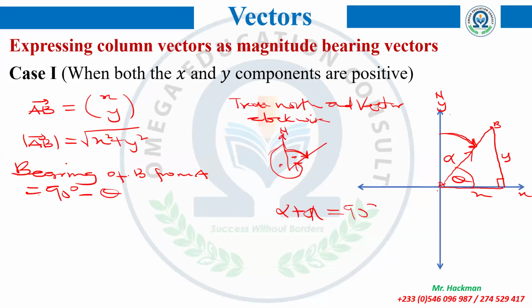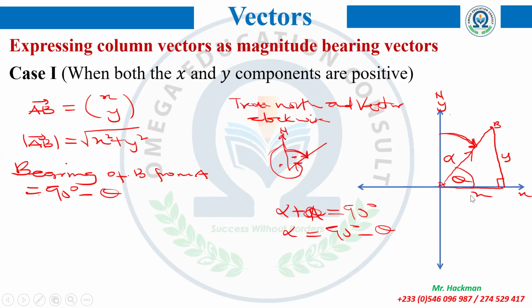Alpha is my bearing angle. So alpha will be equal to 90 degrees minus theta. Do you agree? And what does alpha represent? Is it not your bearing angle? So if you know theta, you just subtract it from 90 and you know your bearing.